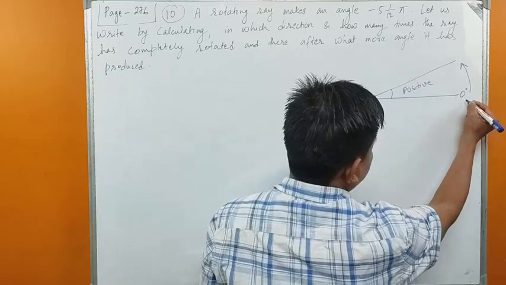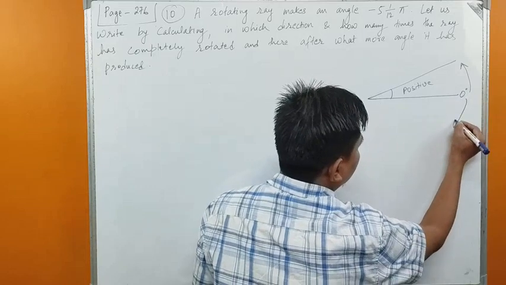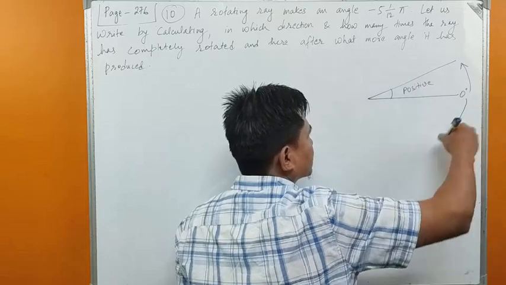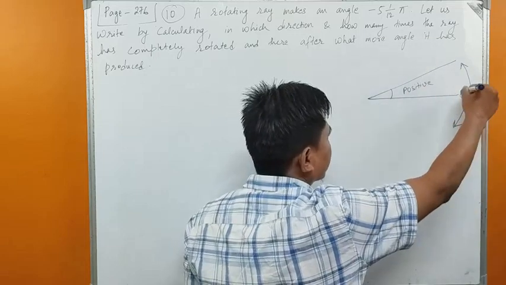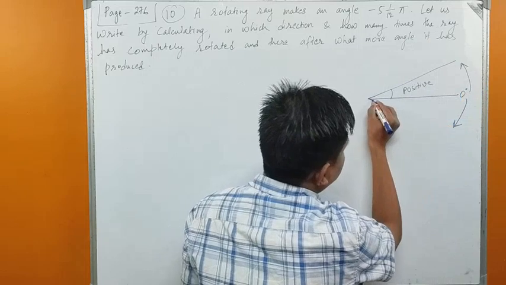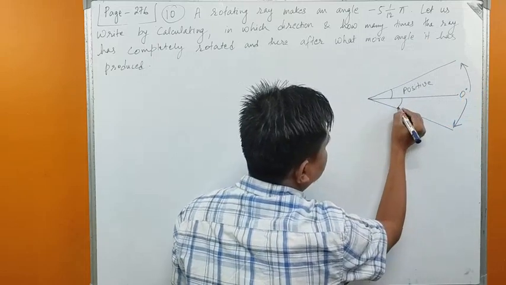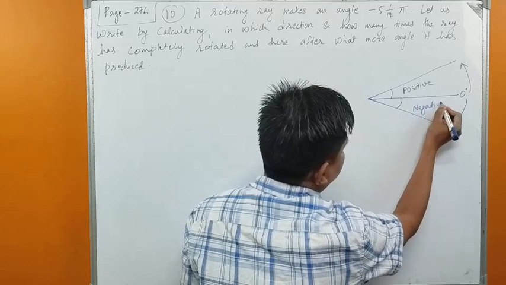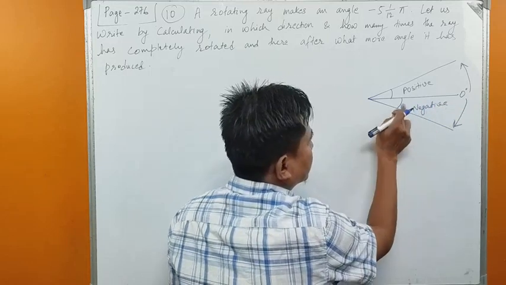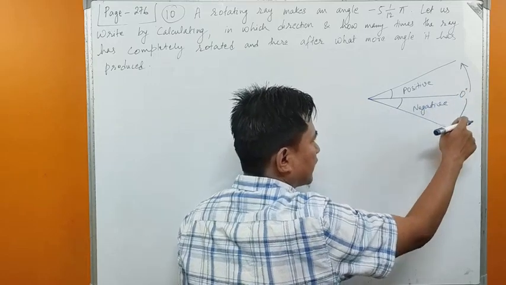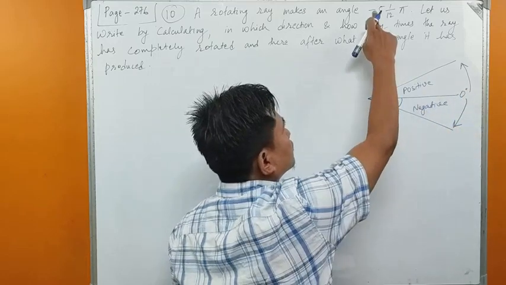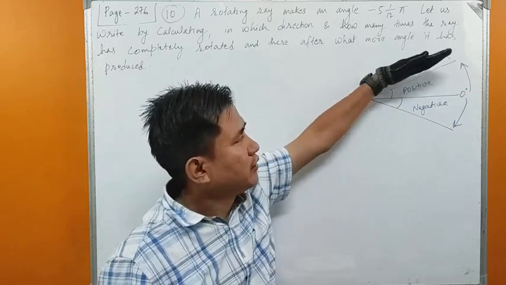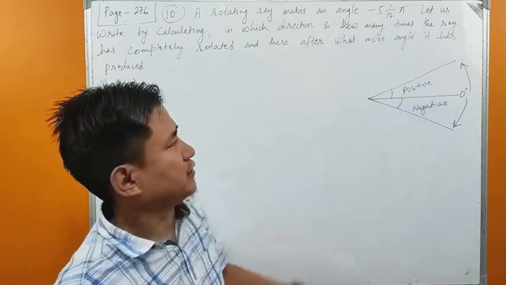But if we move the ray in the clockwise direction, in the direction of the clock, the angle formed here will be negative. So a negative angle is formed by moving the ray in the clockwise direction, which means this negative sign indicates the ray moved clockwise.